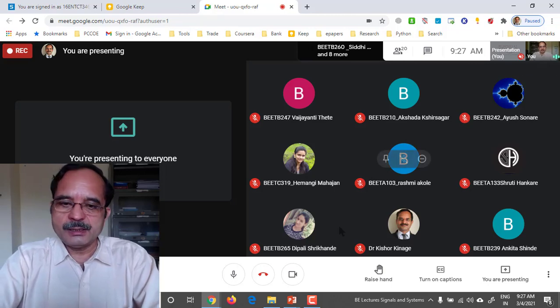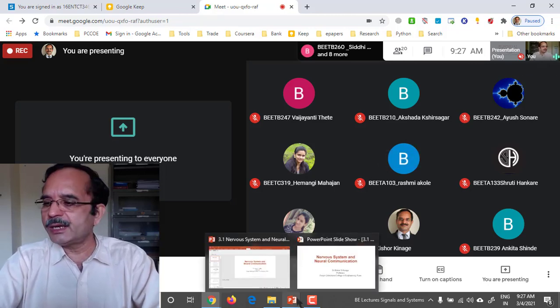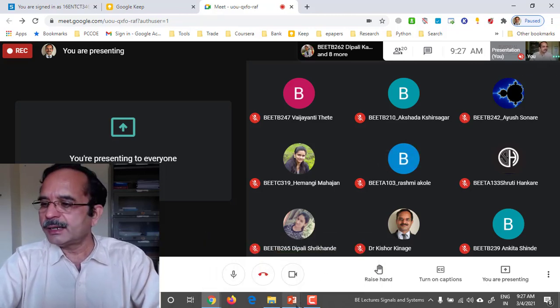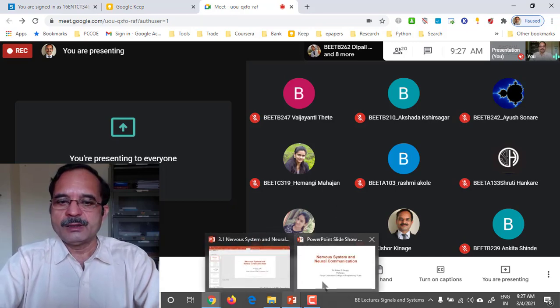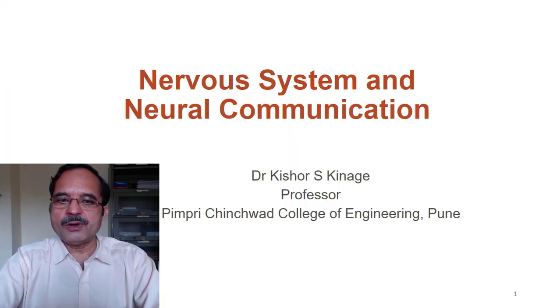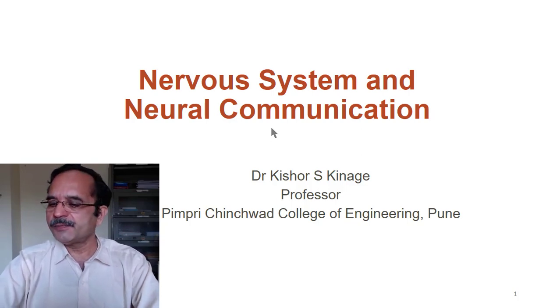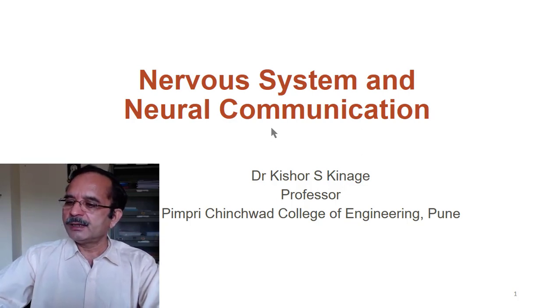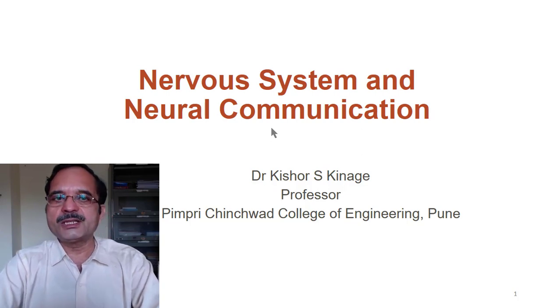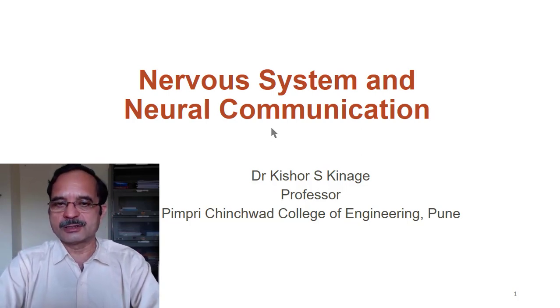So let us start. Today's topic is unit number 3, that is the nervous system. The first point we are going to discuss is what the nervous system is, an introduction to it, and how communication takes place between neurons.